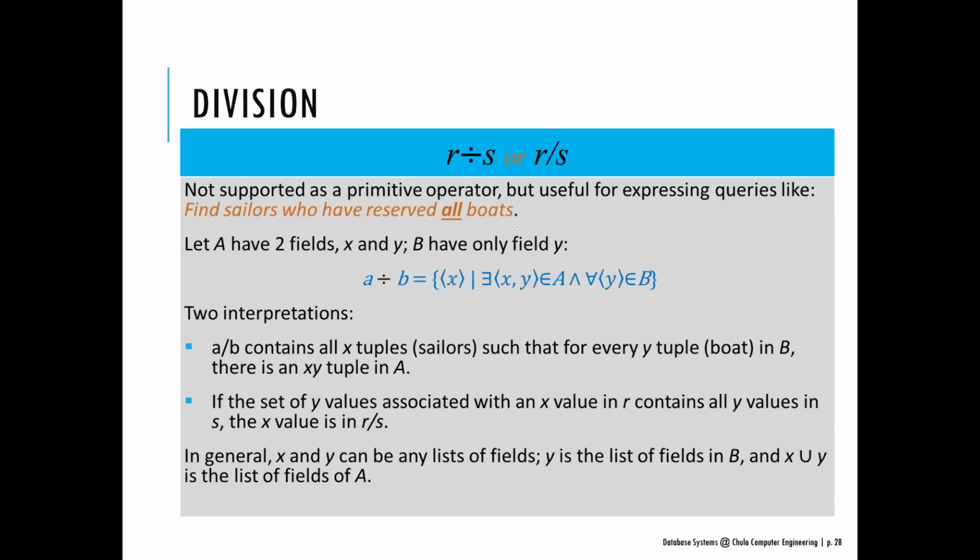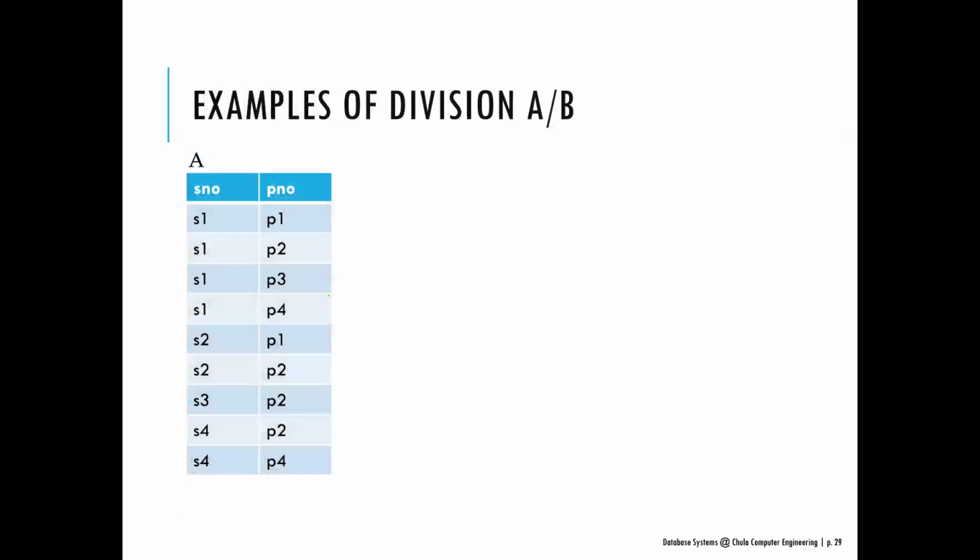All right. Now, I also show you how to write this in relational calculus as well. But let's take a look at how it works. I have relation A here, and now what I want to do with the relation B1 is A divided by B1.